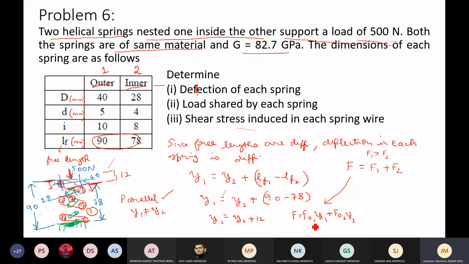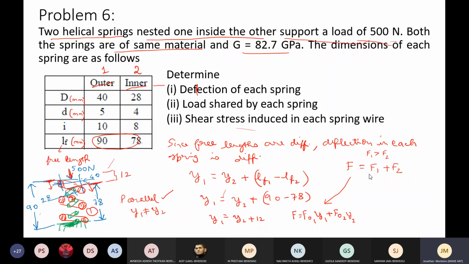What is this F01? F01 means spring rate, load per unit of deflection. Load per unit deflection multiplied by its deflection will give you the total load on the first spring. Similarly, load per unit deflection multiplied by its total deflection will give you the load on spring 2.